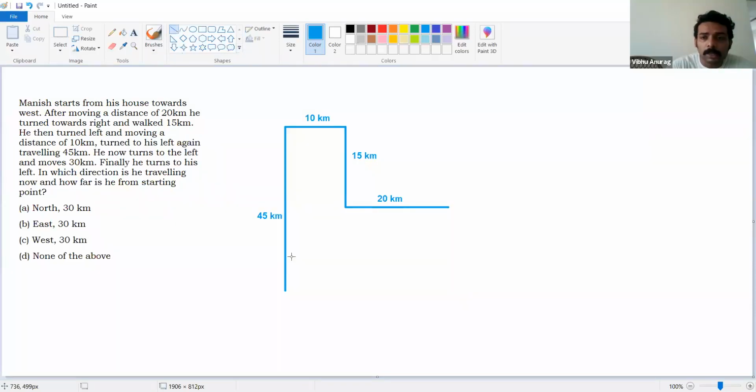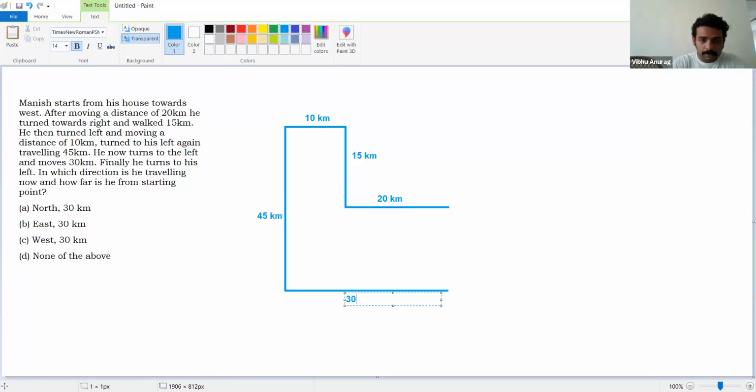Yeah, walking downwards. So the left and right are inverted. So this is my left. This is my left. And they've told me that I travel 30 kilometers. So, okay, this becomes 30 kilometers.